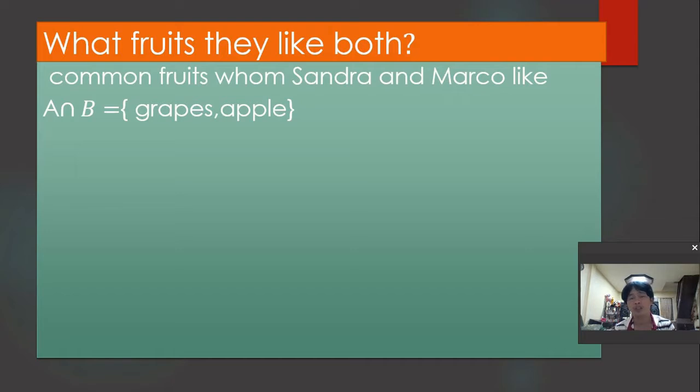So are you still confused about what intersection is? Let's differentiate between intersection and union of sets. For the union of sets, we write down all the elements, like Sandra's favorite fruits and Marco's favorite fruits. How to answer for the intersection? We will write down only the fruits in which they are in common.